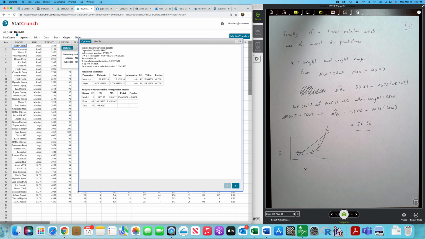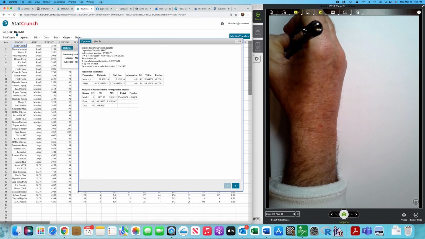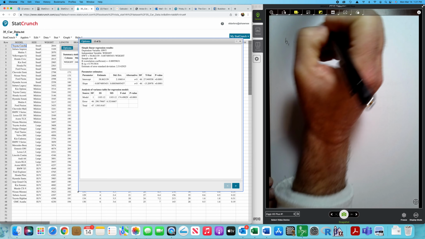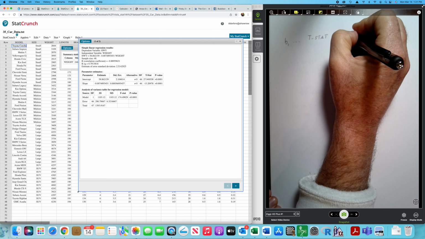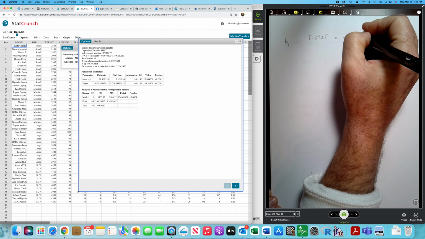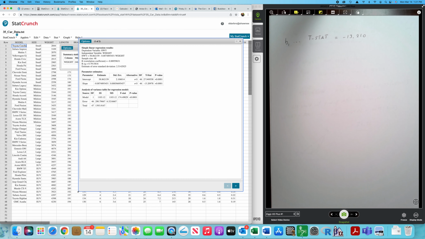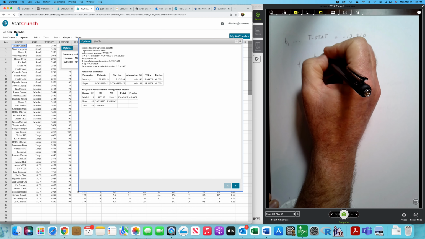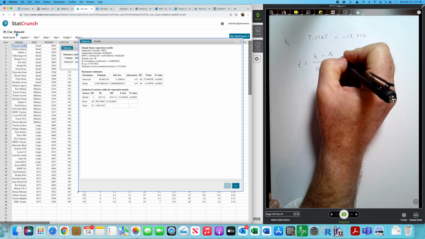First of all, we can come up with the t statistic. So for the slope, the t-stat, the test statistic, which in this case is negative 13.21. The way that's actually calculated is the test statistic is beta 1 minus beta 0 over the standard error for beta 1.